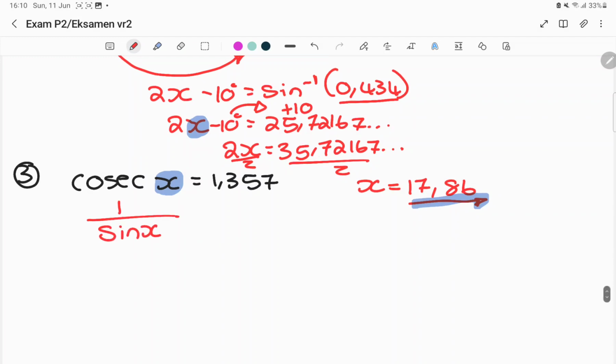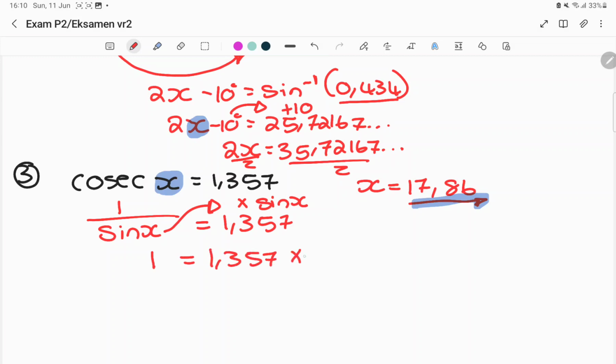So actually I have 1 over sine x equals to 1,357. Alright, because my sine x is at the bottom, I have to take it over and I'm going to multiply with sine x. So I have 1 equals to 1,357 multiplying with sine x.